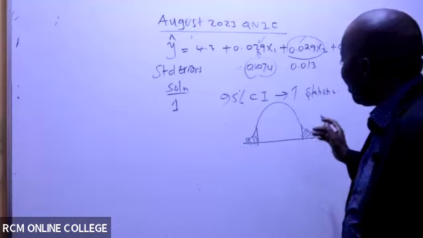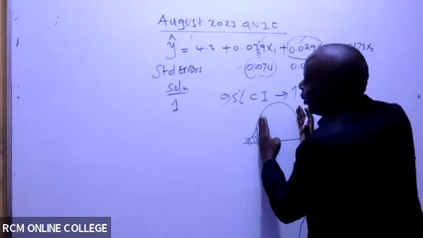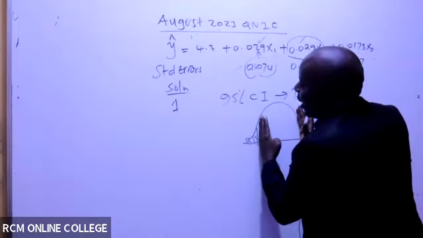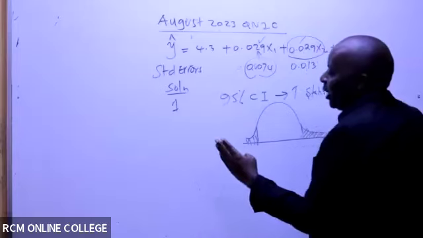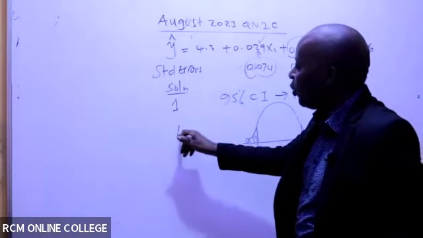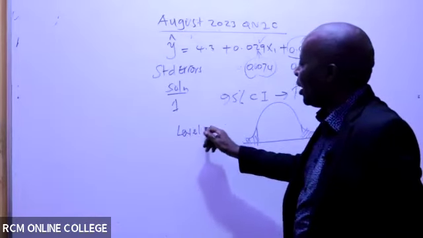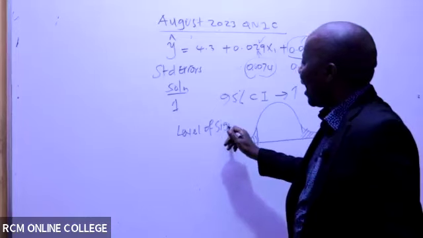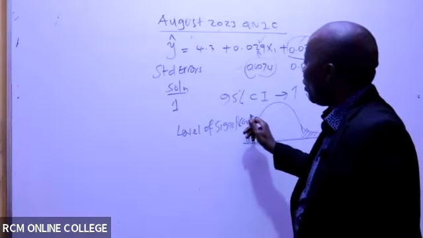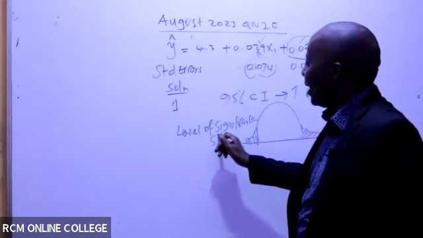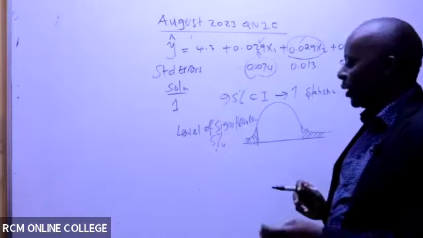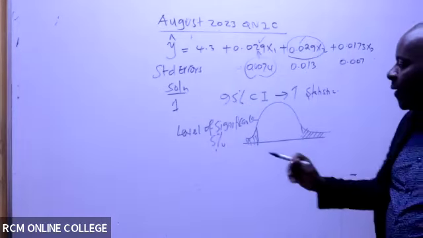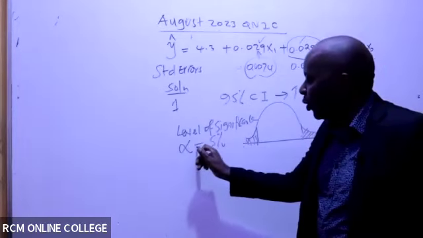So if we are doing 95% confidence interval, then in between here we have our level of significance, which will be 5%, because this and this must always add up to 100%.